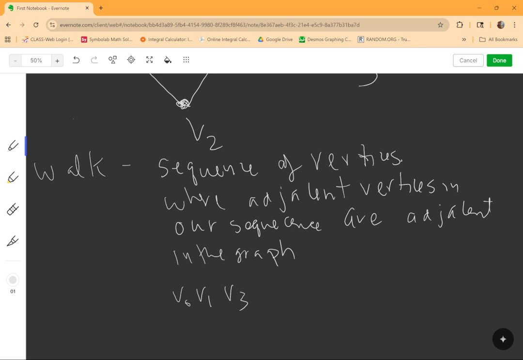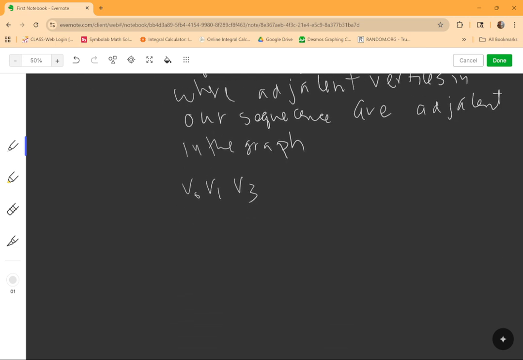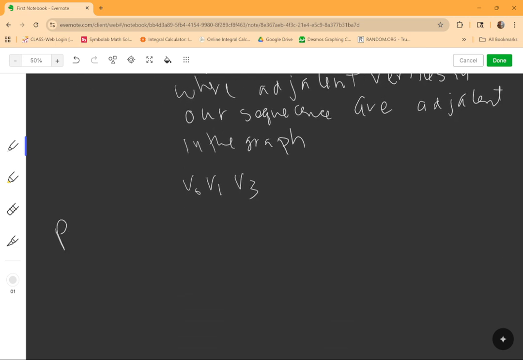Now, you can think of that as our mother set, the overall set here. And from there, we can provide more restrictions. If that's a walk, a path is where we have no repeated vertices. Same as a walk, but there are no repeated vertices. So V0, V1, V3 is a path.